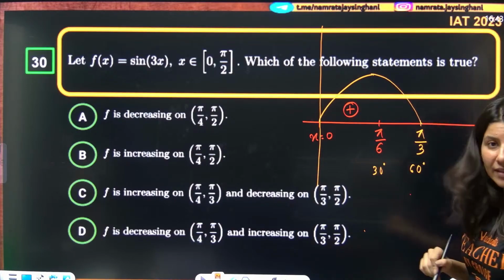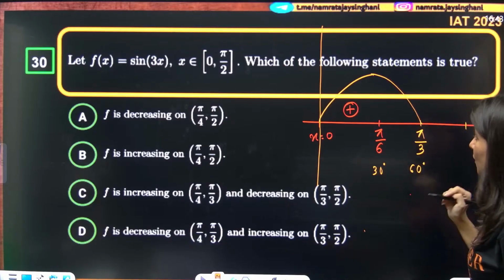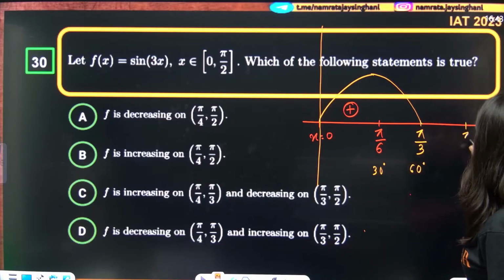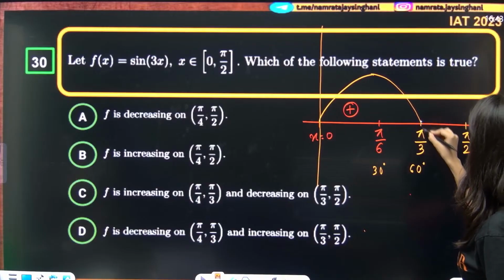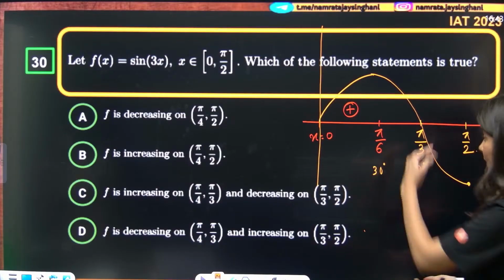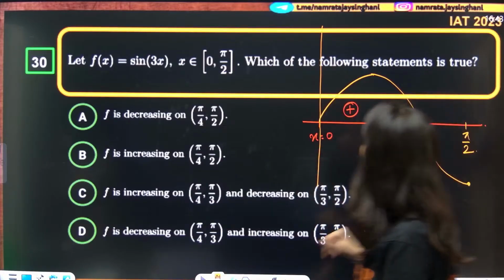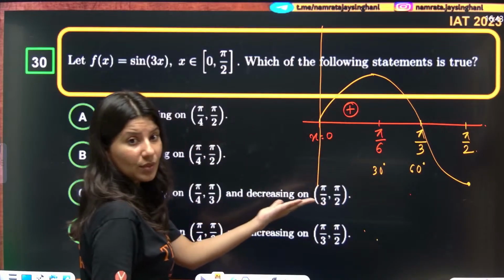Then after pi by 3, you will have pi by 2. This is how it will look, because after pi, your graph will be negative, okay? So yes, now you have the graph of sine 3x only, okay?